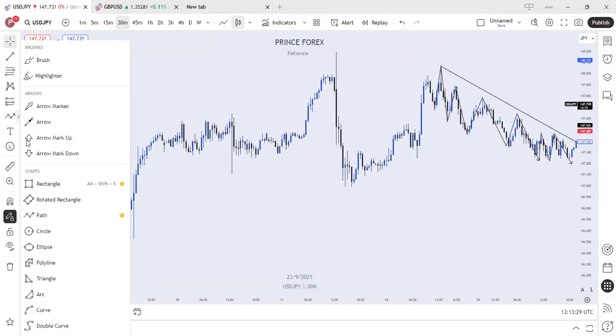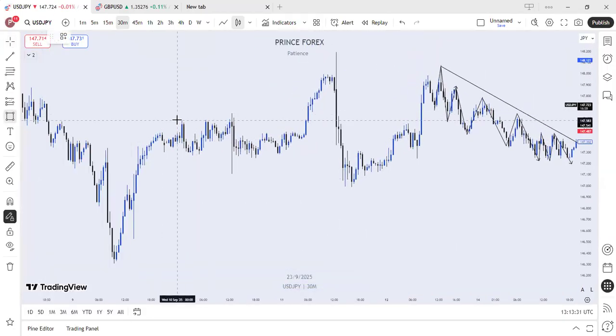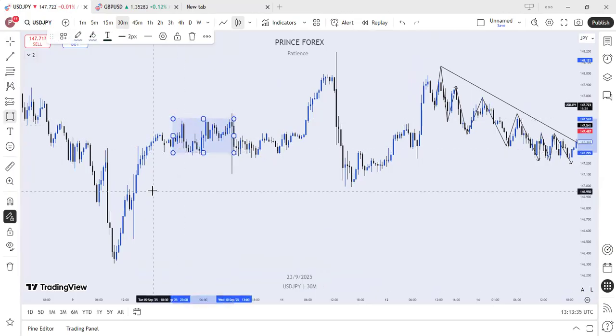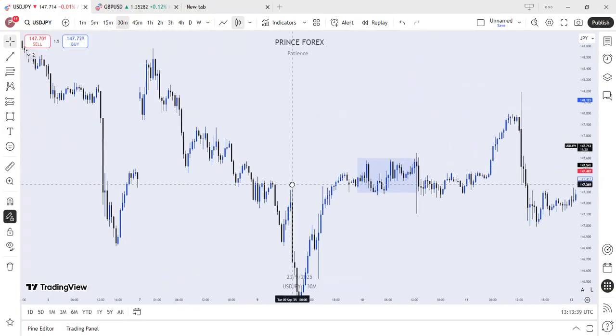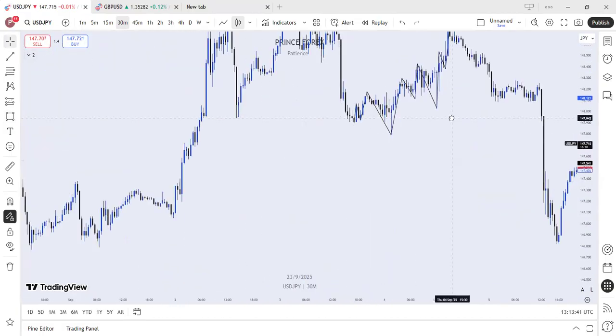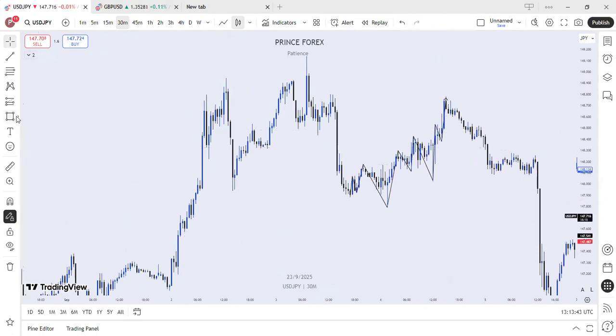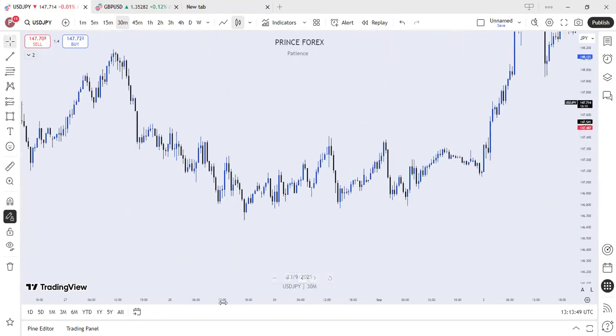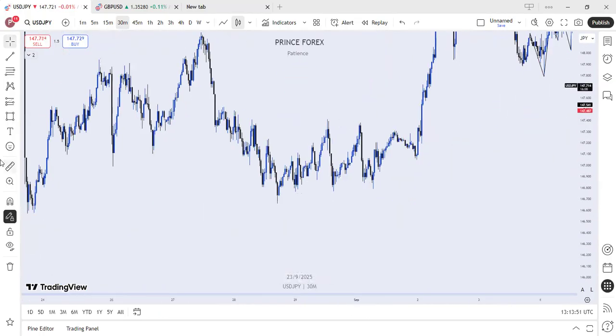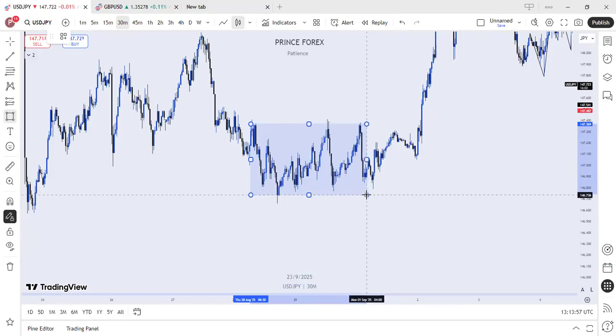If I use my rectangle tool, you can see this is an example of a ranging market here. Price was moving up, down, no clear direction. You can find a lot of them here. This is a ranging market over here. And as you can see from this particular move here, price was ranging, right?